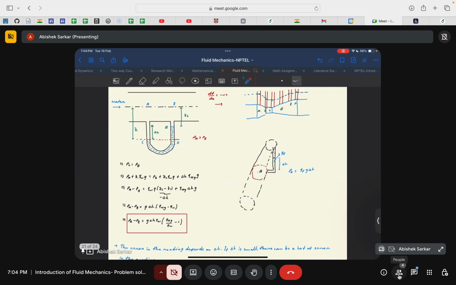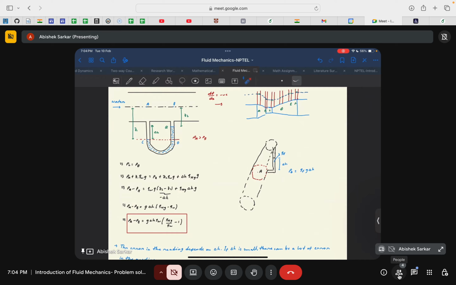Now we need to find the pressure difference between point A and point B. That's the basic use of a manometer, where you want to find the pressure difference between two points in a pipe or duct. This is the static configuration of the liquid column: from point A to C, the height is given by Z1. From point B to Q, the water column is Z2.